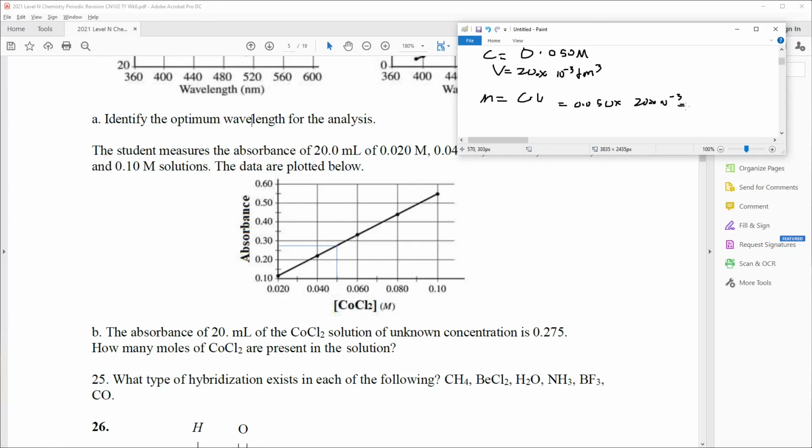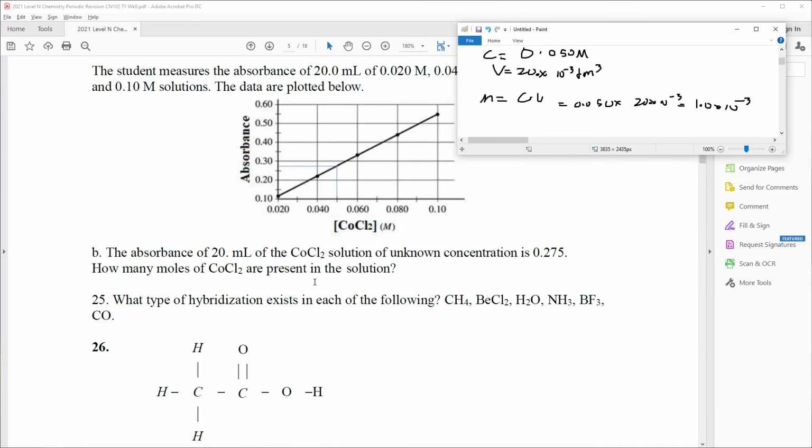So 0.050 times 20 times 10 to the power of minus 3, you get 1.0 times 10 to the power of minus 3. And that's the number of moles, basically.